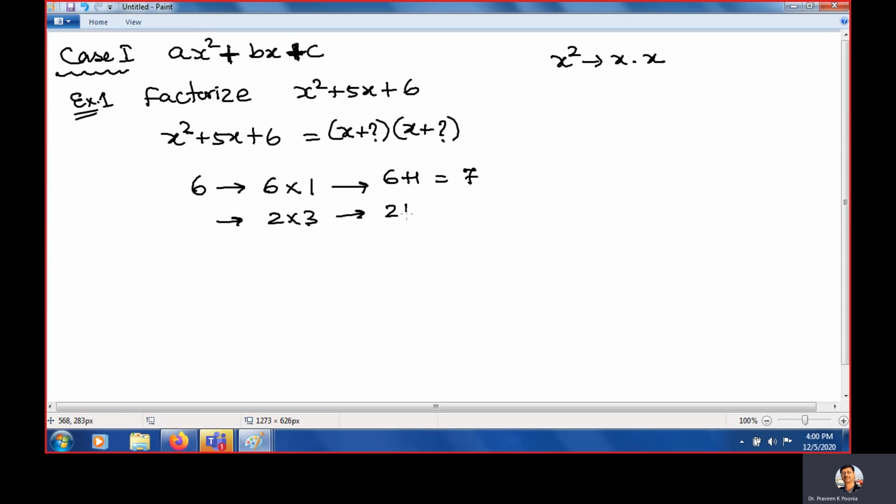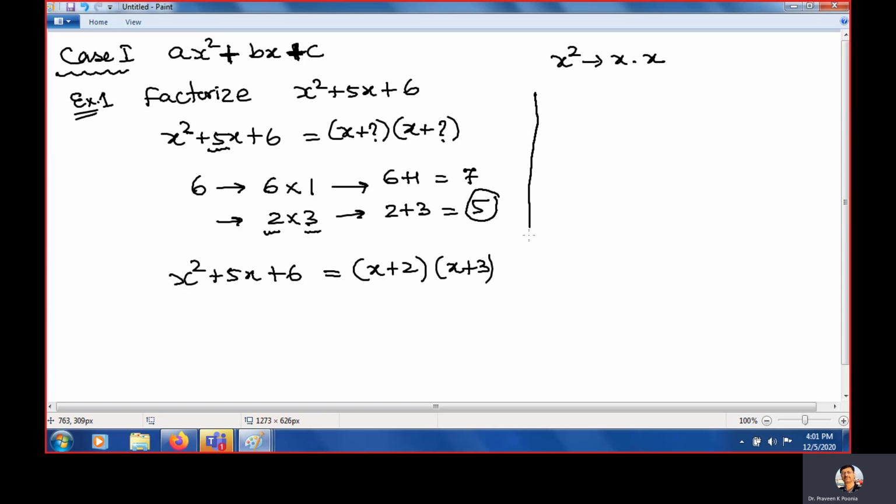Now plus 2 plus 3 is equal to 5. And match it here. Where is it matching? It is matching here. Clear? So we will use 2 and 3 as factors. If it is 7 in the middle, we will use 6 and 1. But now it is 5. Clear? So what is the answer? Answer is x square plus 5x plus 6 is equal to x plus 2 and x plus 3.